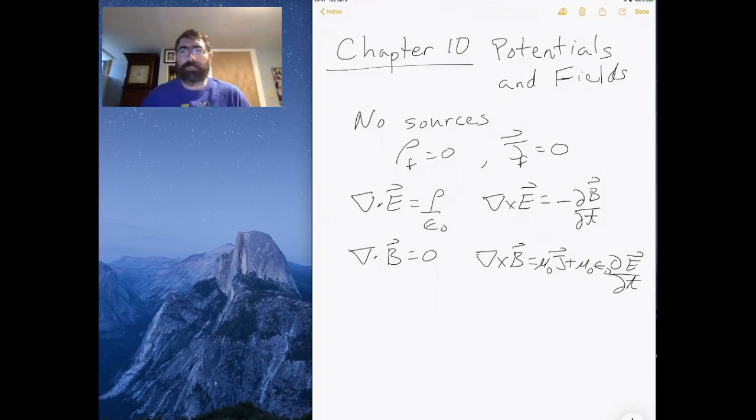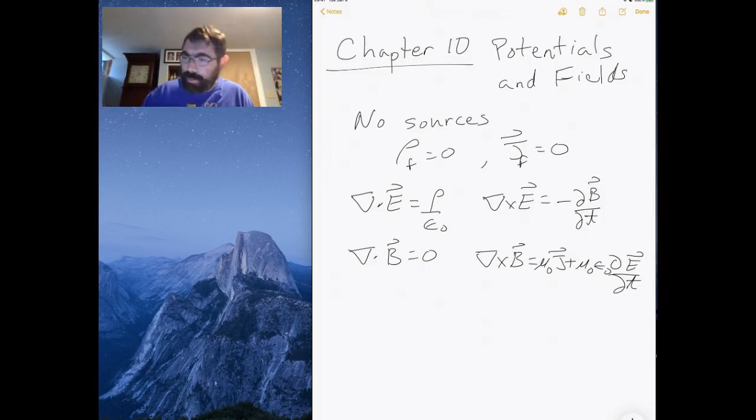And so like I said, these are a little bit tricky to solve. It's now going to be kind of difficult to solve things like the curl of the electric field for a time-dependent magnetic field. So what we want to do is try and change these vector derivatives, the curl and the dot products, into things like a second-order differential equation where we give up some of that complication.